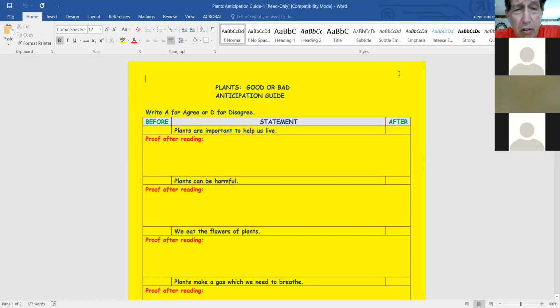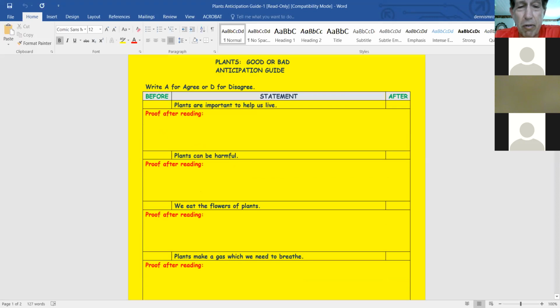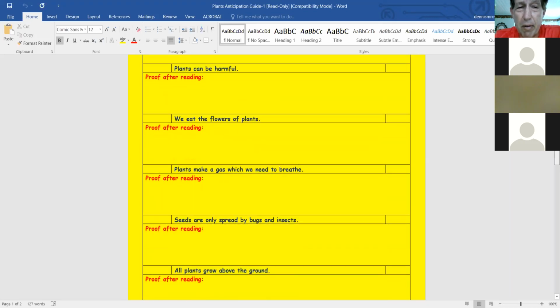They did this first, and again, look how this ties in so nicely with the EdTPA and your tasks. This is also a formative assessment because this is a prediction. Do they agree or disagree beforehand and after, and then they have to cite evidence afterwards. This is a great one to use for your EdTPA stuff.